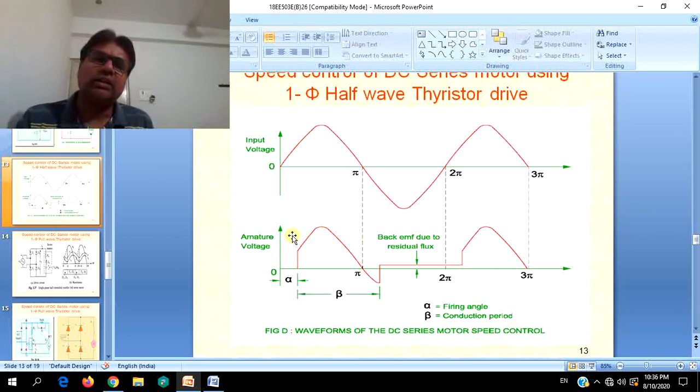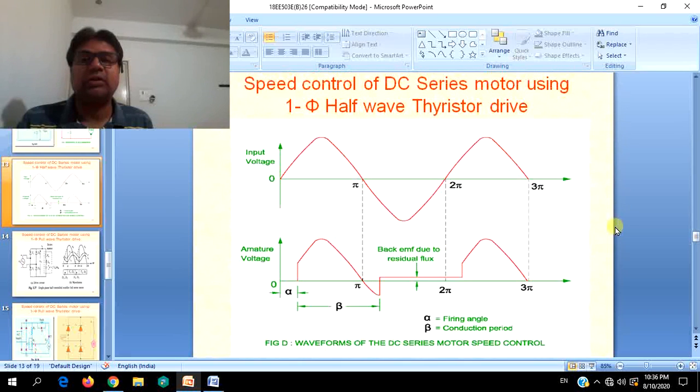As the negative half cycles are totally eliminated, the average voltage entering the armature will be less, so speed will decrease. So that is how speed is controlled in case of single phase half wave thyristor drives for DC series motors.